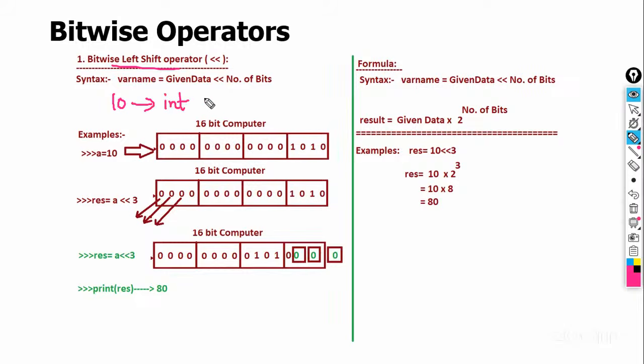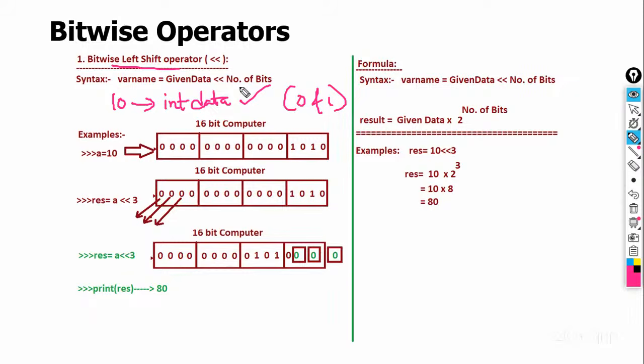Is it int type data or float type data? It's an int type data. Accepted. I can use bitwise operators on it. So internally, this 10 gets converted to which format? Zeros and ones.